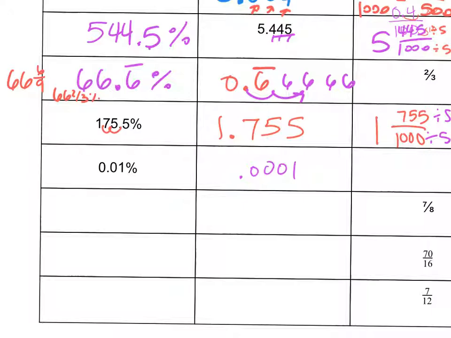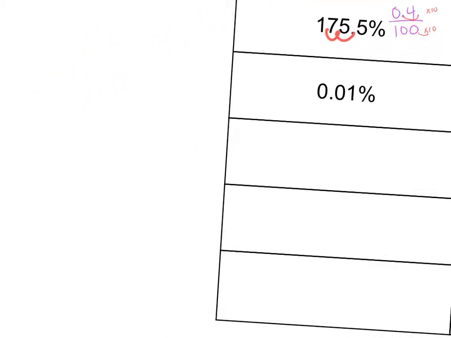Now, I'm going to show you the other way, which we talked a little bit ago, how you could go straight from a percent to a fraction. If you're having a difficult time remembering which direction to move the decimal point, and the idea that if you want to make a decimal, you move away from the percent doesn't help, then what you could do is write 0.01% as a fraction, and then whatever you do to the top, you do to the bottom in the sense of moving decimal points.